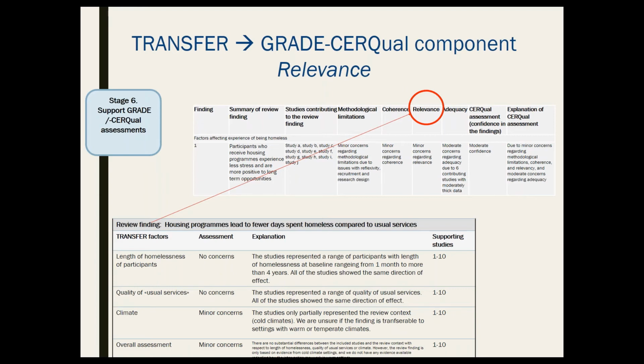And we hope that this makes it more transparent, because I'm willing to admit that I have gotten to a grade or a grade CERQual assessment for indirectness and relevance and thought, sure, okay, I'm sure it's okay. But I have no systematic or transparent way of backing up that assessment. I haven't really looked at indirectness systematically throughout the review process, and I certainly hadn't before done it with cooperation with stakeholders who are much more knowledgeable than me in most cases.